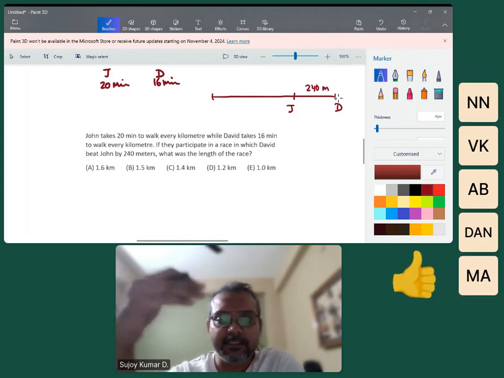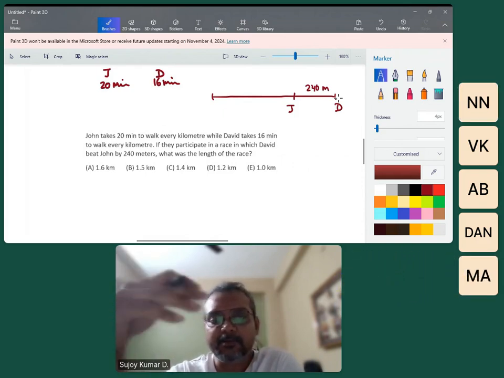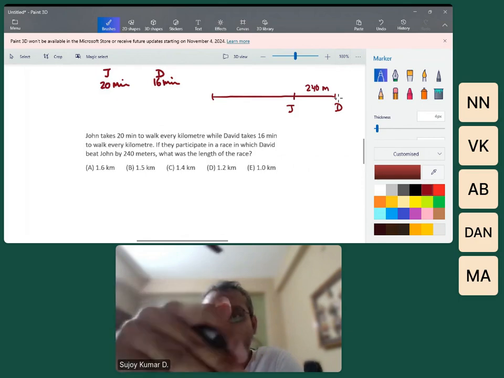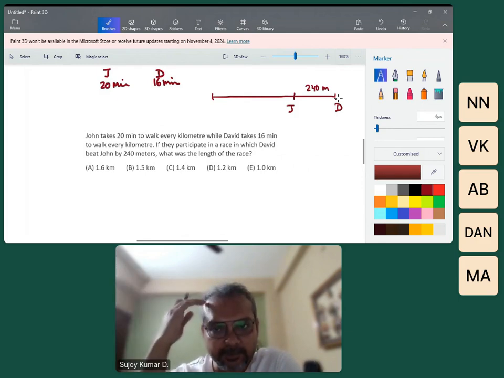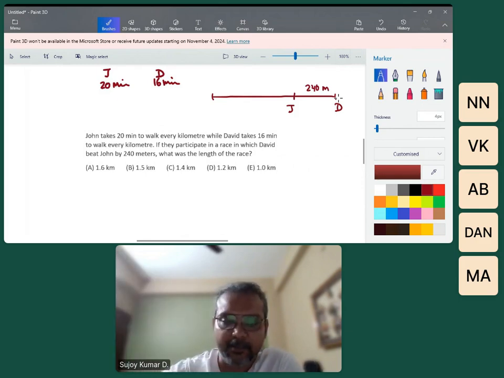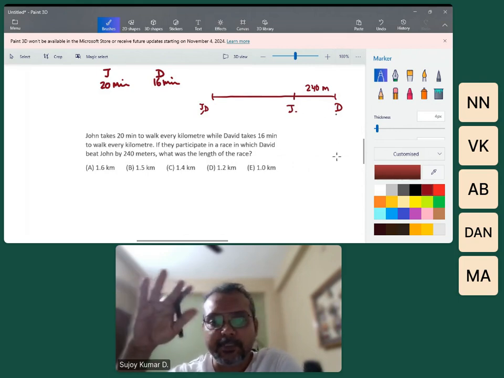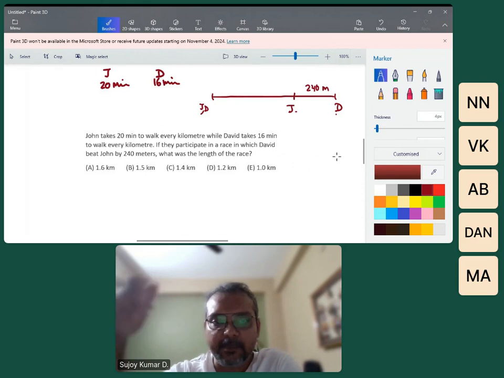Now, what can you say about the time they have taken to come to this scenario? They all started from the same position, J and D together, and finally ended up here. Did they take equal amounts of time or different amounts of time? It's the same amount of time, right?